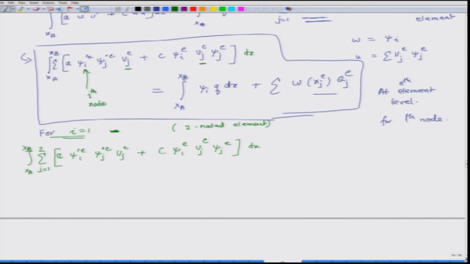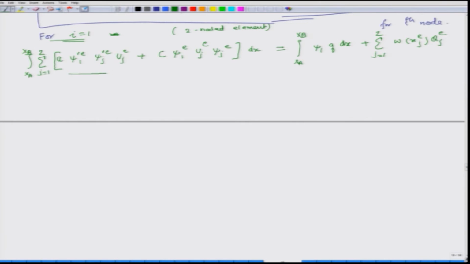And this equals the integral from x a to x b of psi 1 q dx plus the summation over j equal to 1 to 2 of w at x j e q j e.